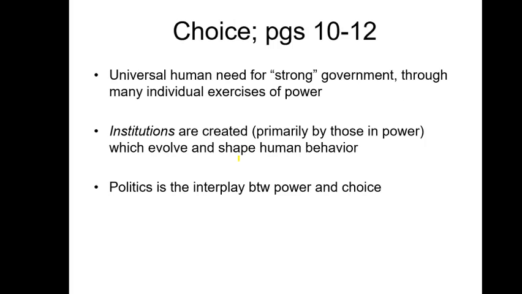The book talks about how not only is power important, but people choose as far as what they want for their system. There's a universal human need for a strong government, which means one that we can rely on to get things done, not necessarily a dictatorship, but we're looking for a government that we can trust to get things done and takes the initiative or protects us, that sort of thing.